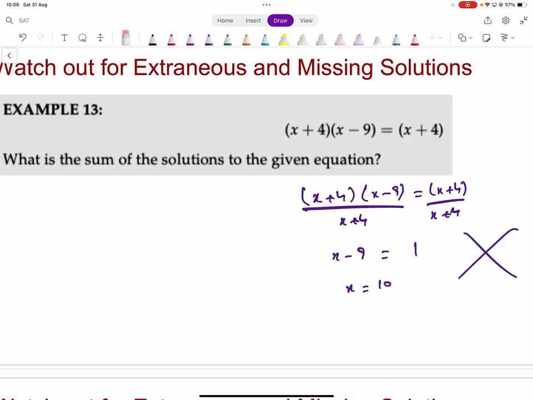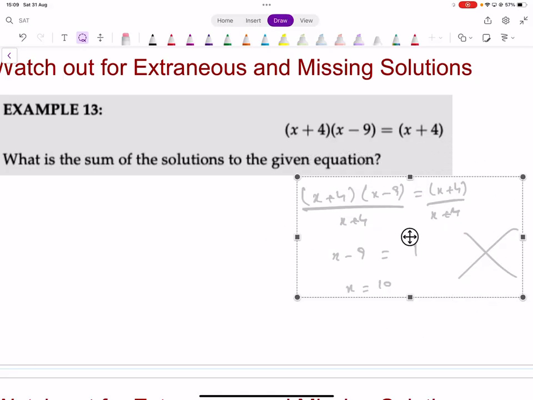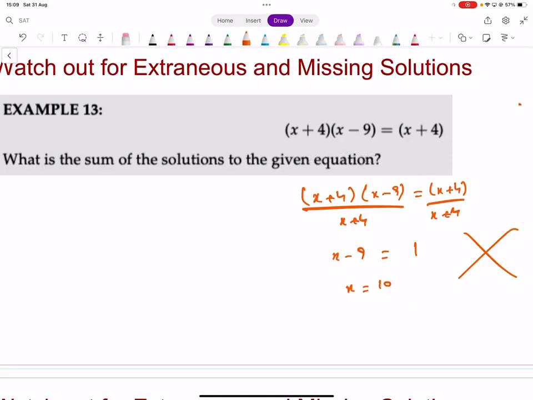So how do we actually solve this then? If you cannot divide by x plus 4, the correct way of doing this would be, so this is wrong, you cannot do this. How would you approach this? You would bring x plus 4 to the left side as well. When you subtract, you have 0 left on the other side now, right?